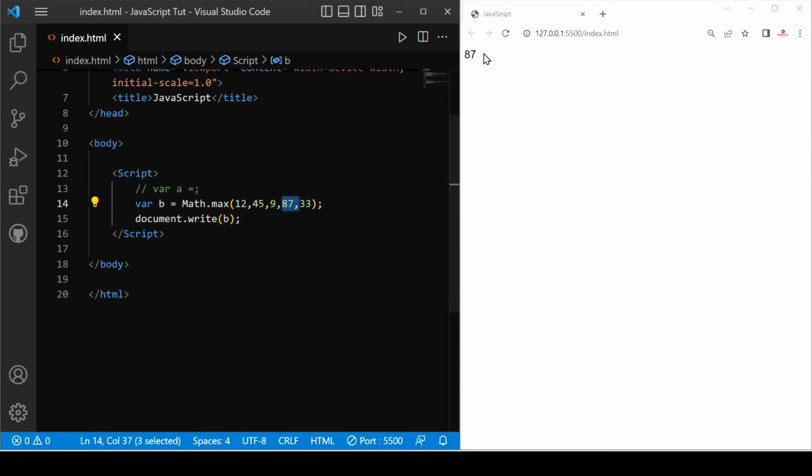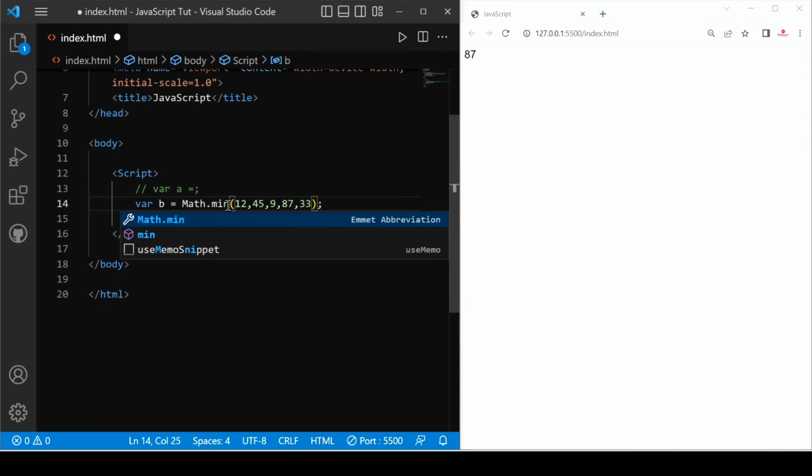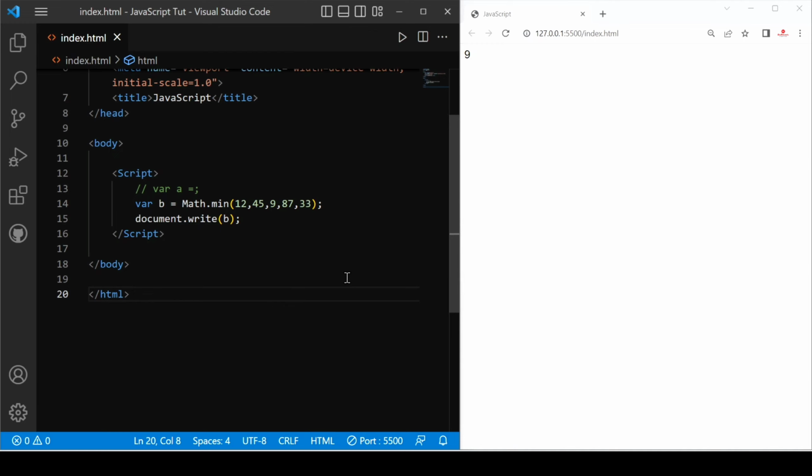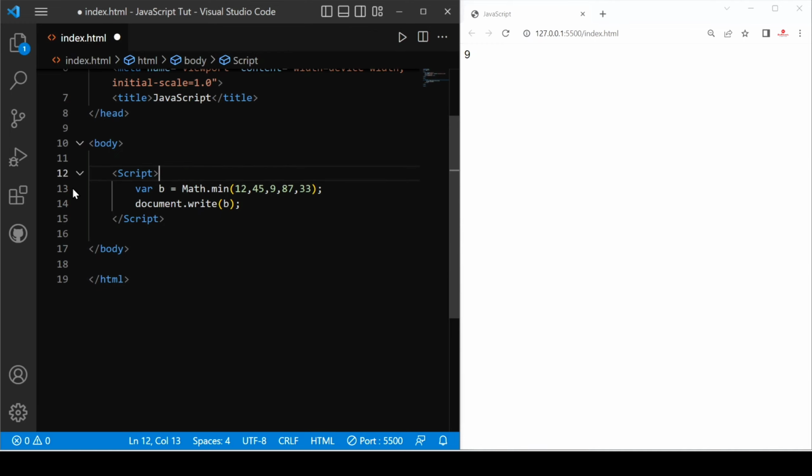It will give us 87, and similarly we can provide the min function, and after we save, it will give us 9.